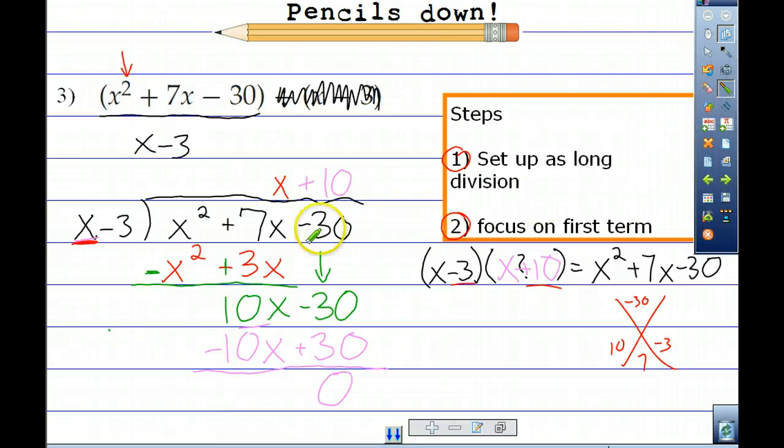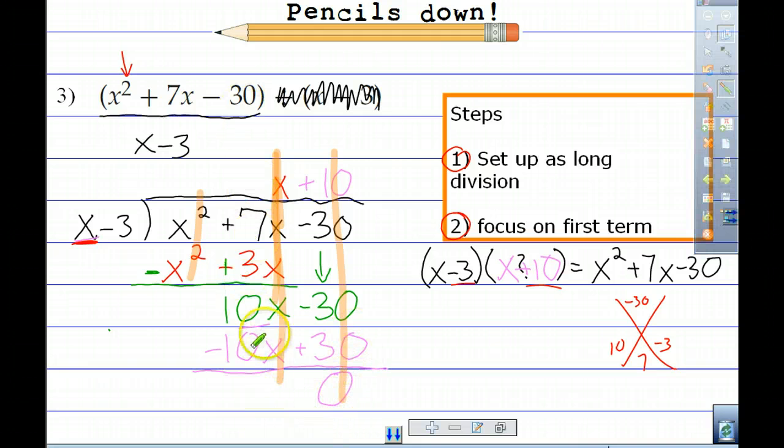Notice how I'm writing everything down here? Look how everything lines up. All the x's line up. All the x squareds line up. All the numbers line up. So keeping everything vertically aligned lets you know where this belongs, or does it belong somewhere else? Am I adding the right two things, subtracting the right two things? Everything should be lined up with the same exponent. All the x squareds, all the x's, and all the numbers.